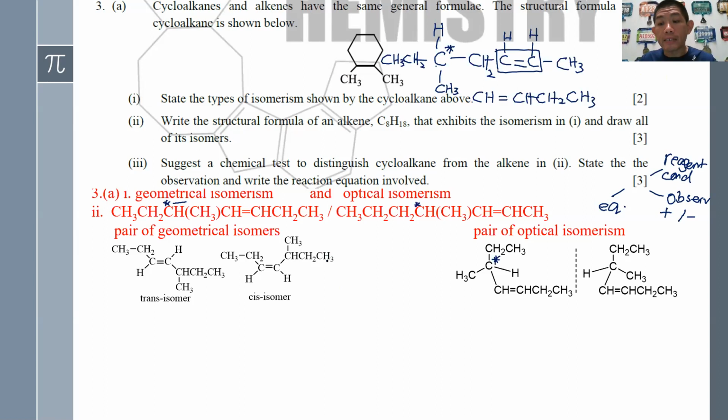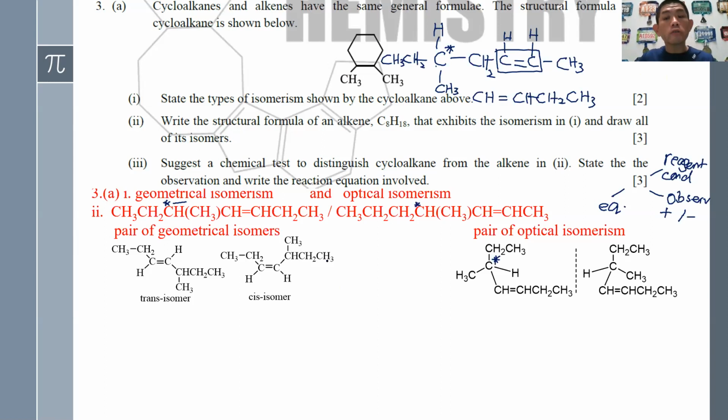This is a definite, unchanged truth, no matter how they are going to ask. As long as they are asking for chemical tests, this will always be the main key to propose a chemical test here. Okay, so you have to propose what are the suitable reagent and condition for the reaction, and therefore write the equation. So in here, between alkane and alkene, we have a lot of reagents that can do that. The 2 most convenient reagents that you can use are either bromine or potassium manganate.